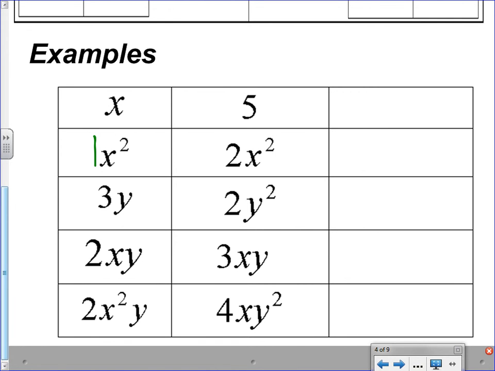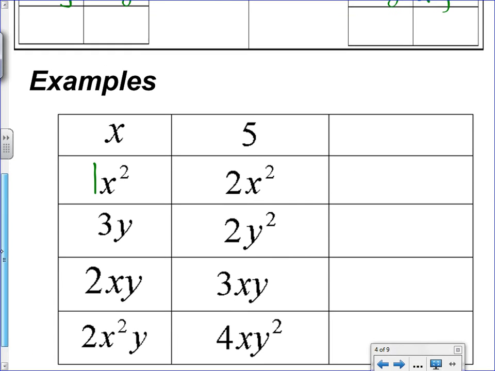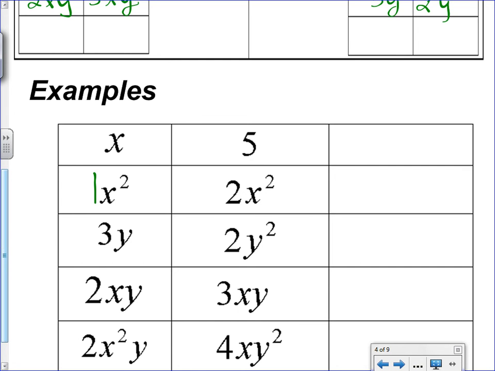Why aren't they like terms? Good. Yeah, they aren't the exact same. Here, the squared is with the x. Here, the squared is with the y. So they are not exactly the same. So these are not like terms. Okay? So we've talked about terms. We've just been able to figure out which ones are alike, which ones are not alike. Are we okay with that?